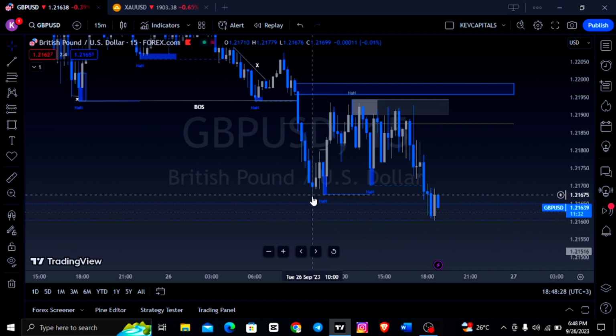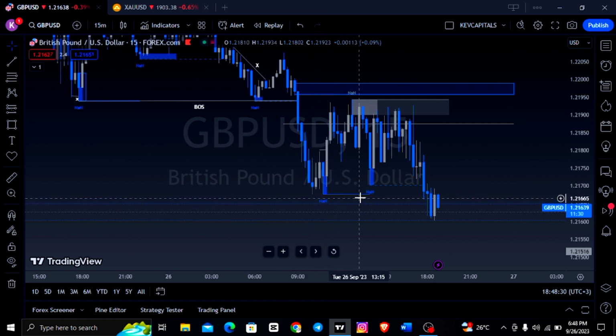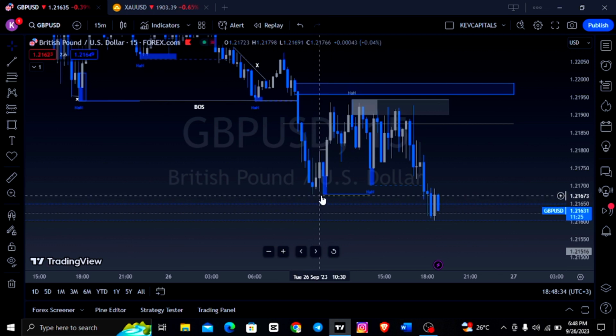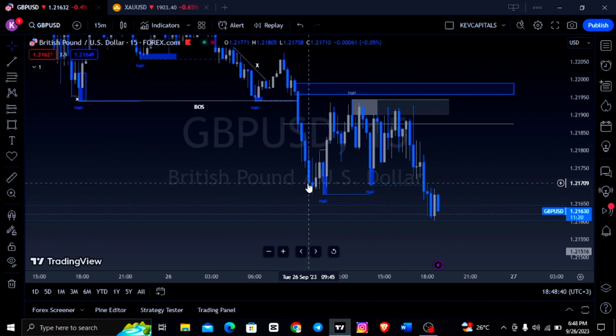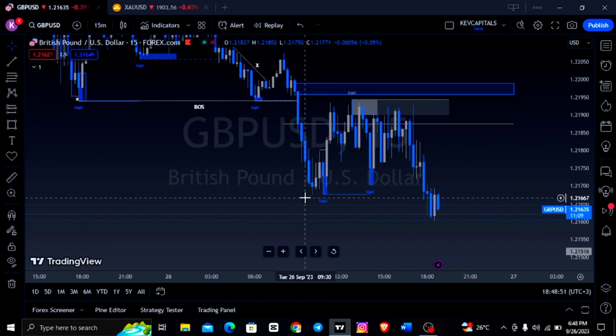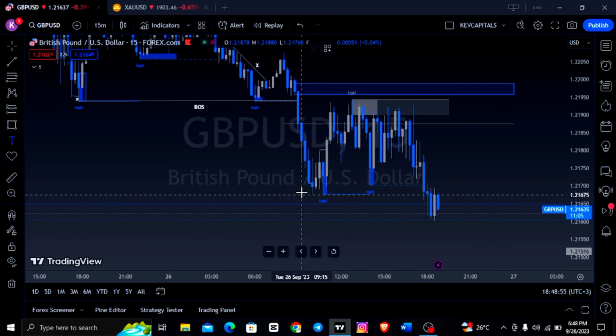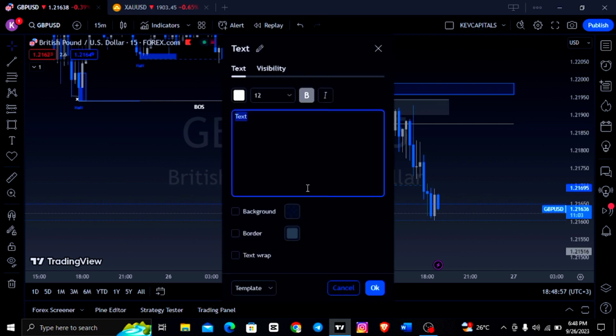You realize that this candle here, even though it formed equal lows after, the low of this candle has been taken out by this candle here. So here liquidity has been taken care of at this point, correct?